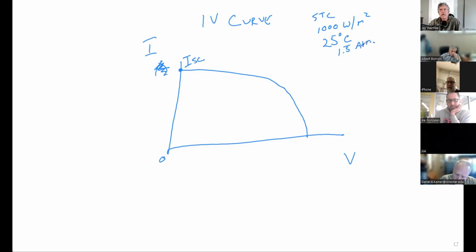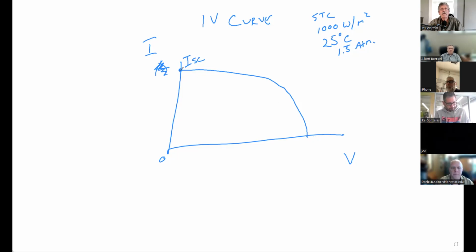It's really, what is the irradiance, which is 1,000 watts per square meter? What is the temperature? 25 degrees Celsius. That's standard test conditions. Irradiance typically affects amps, and temperature most prominently affects voltage. They affect both, but that's where the main effect is.